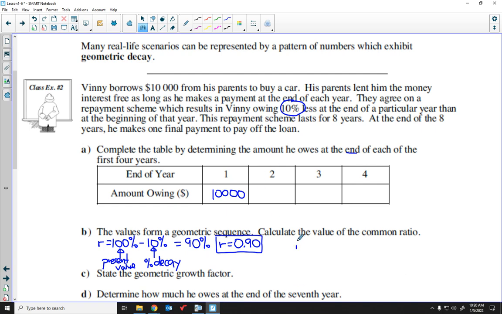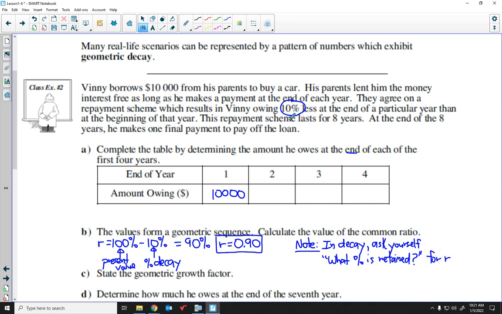So in decay, always ask yourself, what percentage is retained for R?